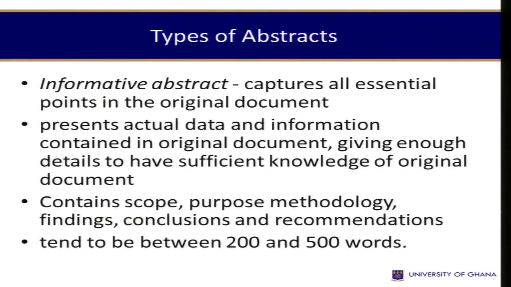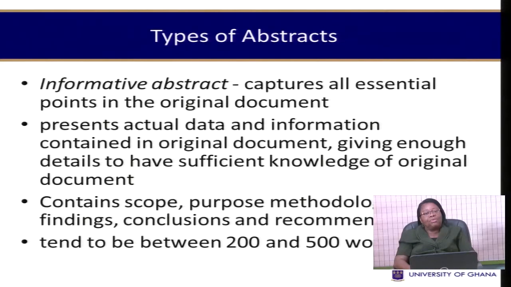Now let's look at the types of abstracts. We have informative abstracts and we have indicative abstracts. Let's look at informative. Informative abstract is the type of abstract that you'll be using when you start writing your dissertations and your thesis. The informative abstract captures all the essential points in the original document.